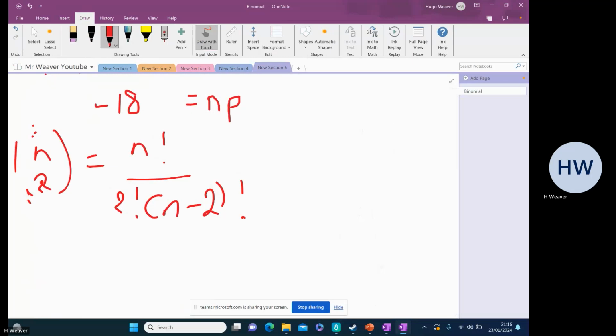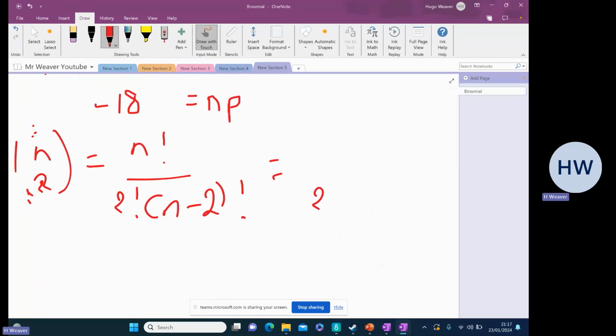Now this one's slightly different in the sense of, so now you have n, so your numerator will be n times n minus 1 times n minus 2 times n minus 3, blah, blah, blah. The denominator is now going to be 2 times 1, so essentially 2, okay? And then you've got n minus 2, n minus 3, n minus 4, blah, blah.